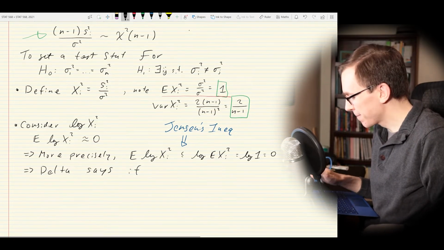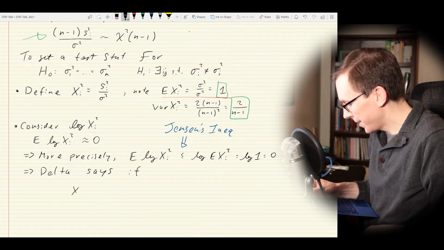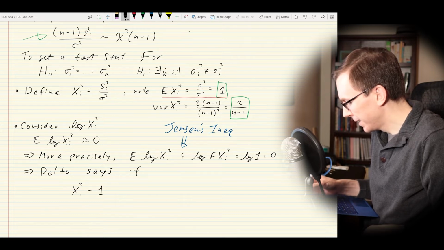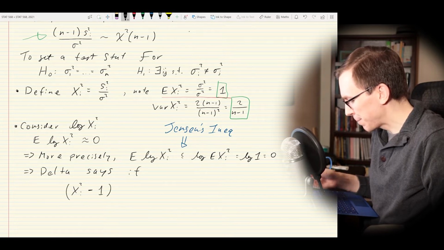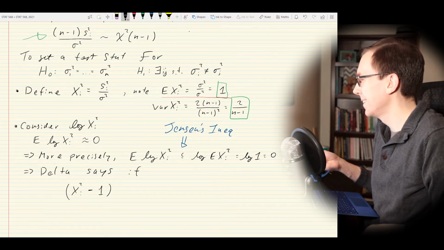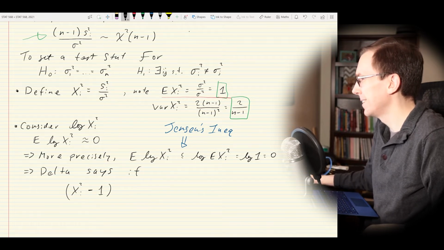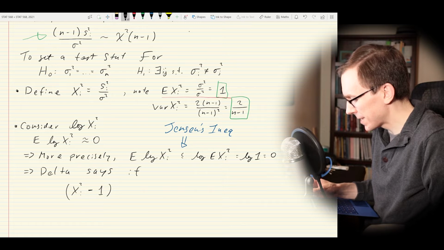So what that means is that if we have xi squared, and we subtract its mean, and we scale this by the square root of the sample size. Let me double check that. Yeah, it's always the square root of the sample size.